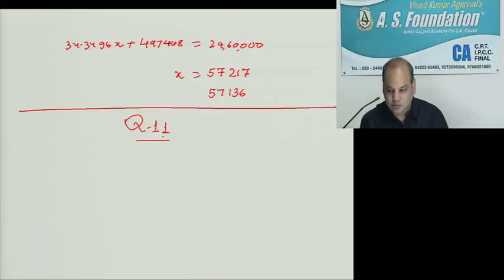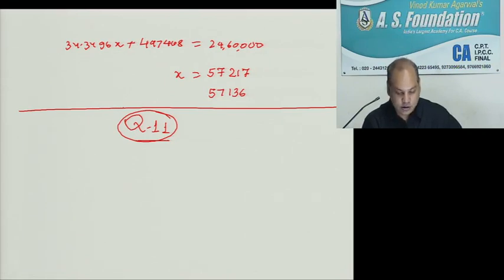One more question which they ask quite often is number 11. An industrial unit desires to acquire a diesel generating set costing rupees 20 lakh, which has an economic life of 10 years, at the end of which the asset is not expected to have any residual value.